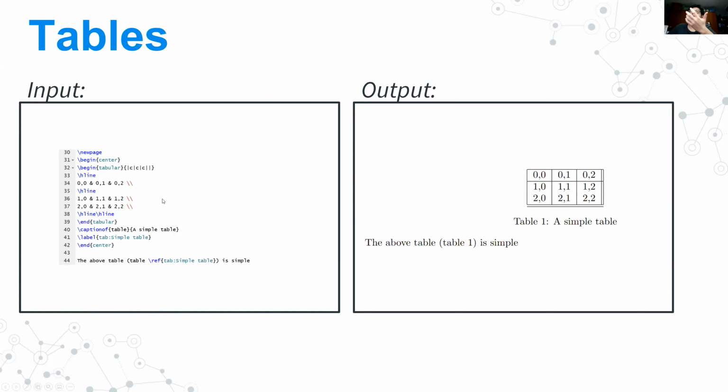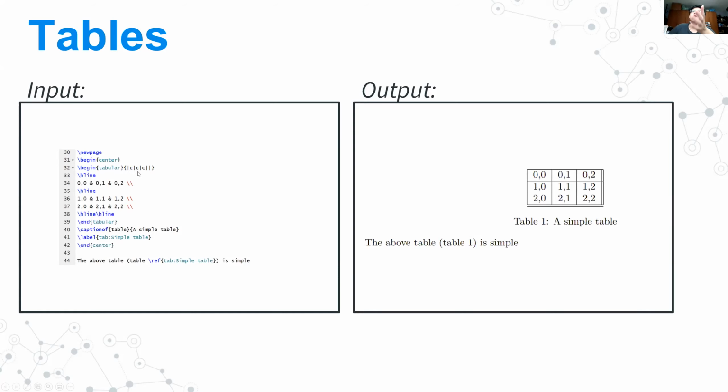Next, you want to do the table. You need the table environment, which in LaTeX is tabular. So you begin tabular, and you must remember to end tabular. After tabular, you will have a curly bracket with vertical lines and c. This tells LaTeX where you want to put your vertical lines and how many columns you want.